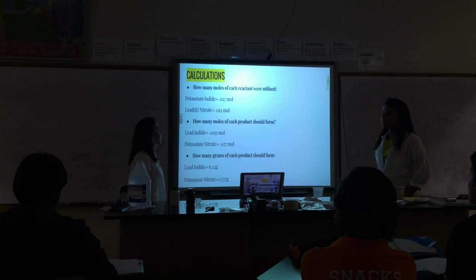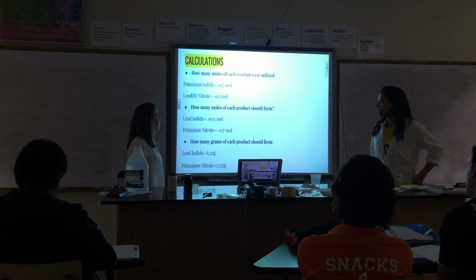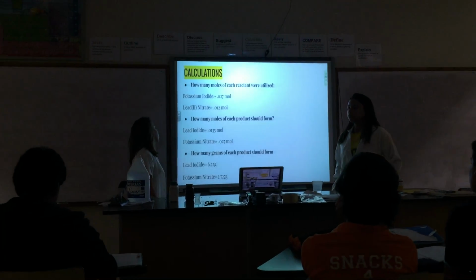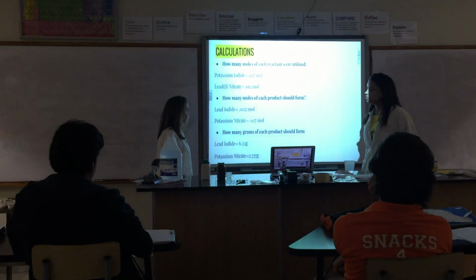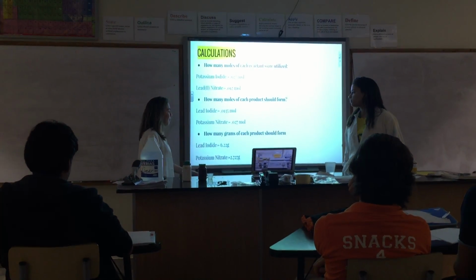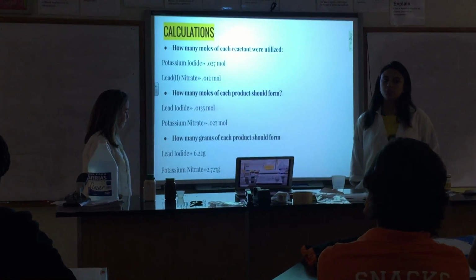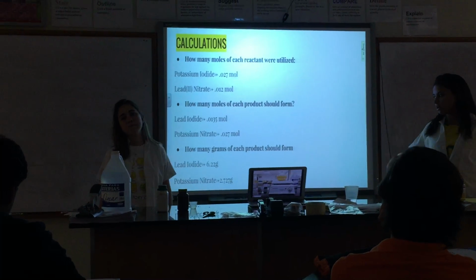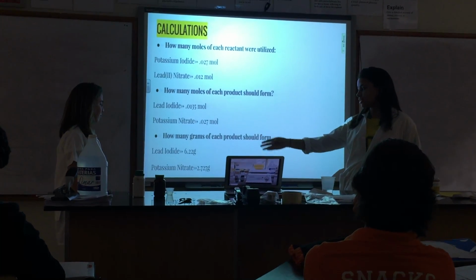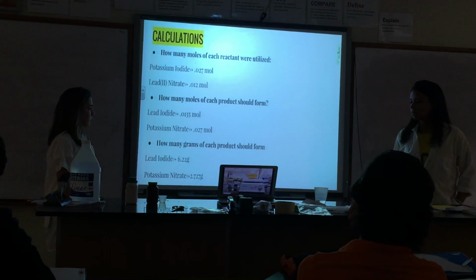We had to calculate how many moles of each product should be formed, and we calculated that lead iodide should be 0.135 moles, and potassium nitrate should be 0.027 moles. And then the amount of grams that each product forms at the end of the experiment is 6.22 grams of lead iodide, and 2.727 grams of potassium nitrate.